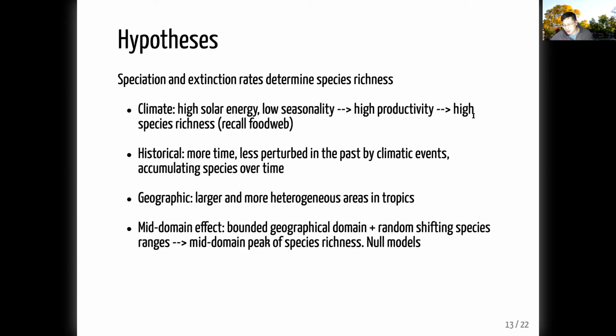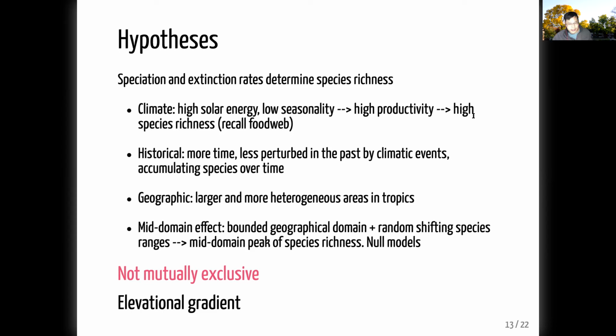Okay, so that's the four different groups of hypotheses to explain the longitudinal gradient of species richness, but they're not mutually exclusive. They can work together, potentially simultaneously, to produce this longitudinal gradient of species richness. Here we focus on the longitudinal gradient, but we can also find a similar pattern of elevational gradients.